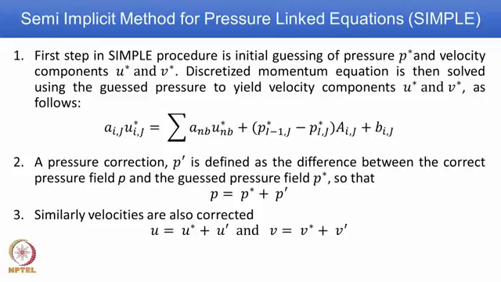The first step in the SIMPLE procedure is the initial guessing of the pressure as well as the velocity components. As I mentioned in the last class, we have a domain defined, then a grid defined, you also decide the choice of variable locations and define boundary conditions, and then you have to start the calculation or simulation. To start the simulation, we need to make a guess.